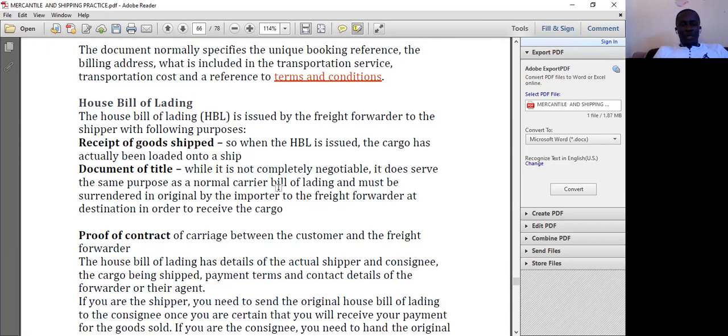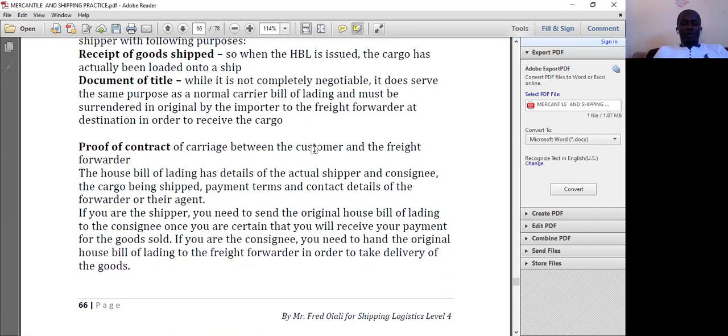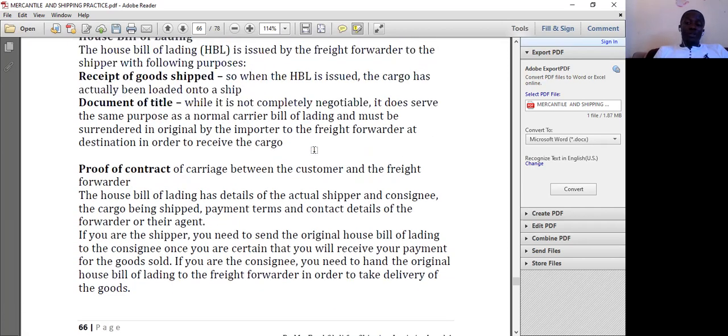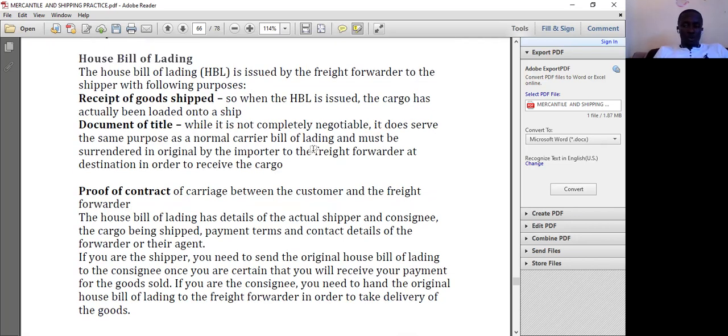Then we have the house BLs. The house BL is issued by the freight forwarder to the shipper with the following purpose: receipt of the goods which are shipped, document of title, and proof of contract. And why do we issue a house BL? A house BL is issued in cases where the shipper does not have a cargo that can make a full container load.